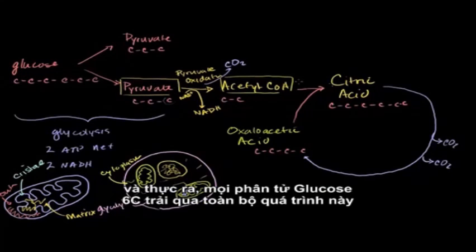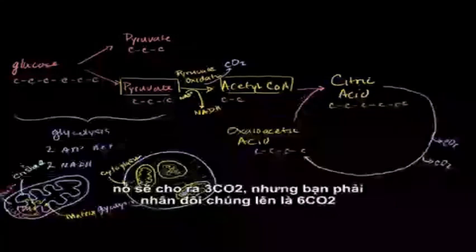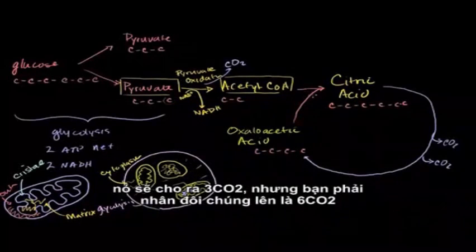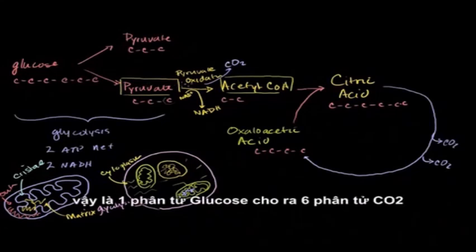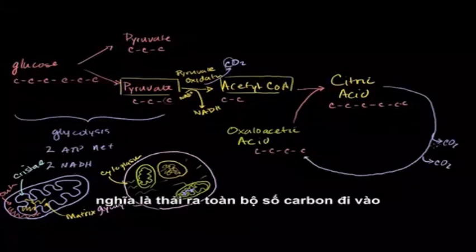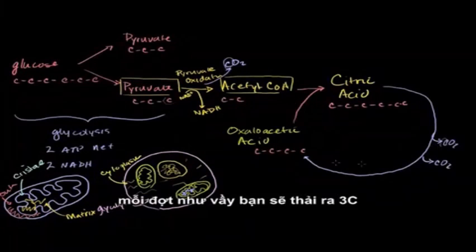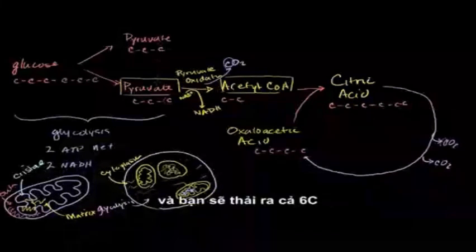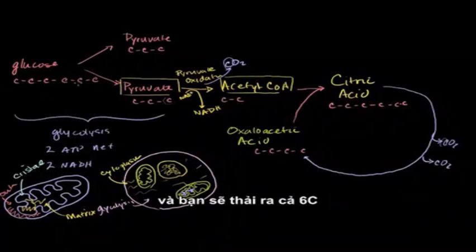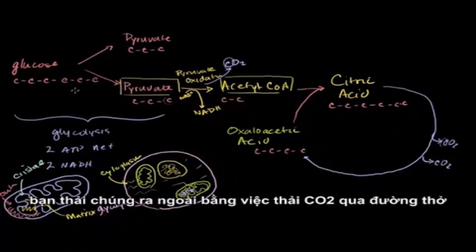When you do this whole process once, you're generating 3 molecules of carbon dioxide, but you're going to do it twice. You're going to have 6 carbon dioxides produced, which accounts for all of the carbons, right? You get rid of 3 carbons for every turn of this, well, 2 for every turn, but really for the steps after glycolysis, you get rid of 3 carbons, but you're going to do it for each of the pyruvates. So you're going to get rid of all 6 carbons, which we'll have to exhale eventually.